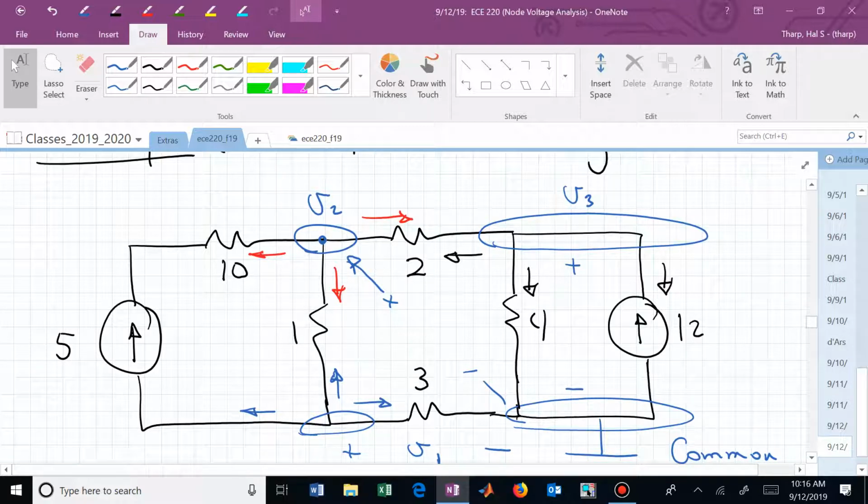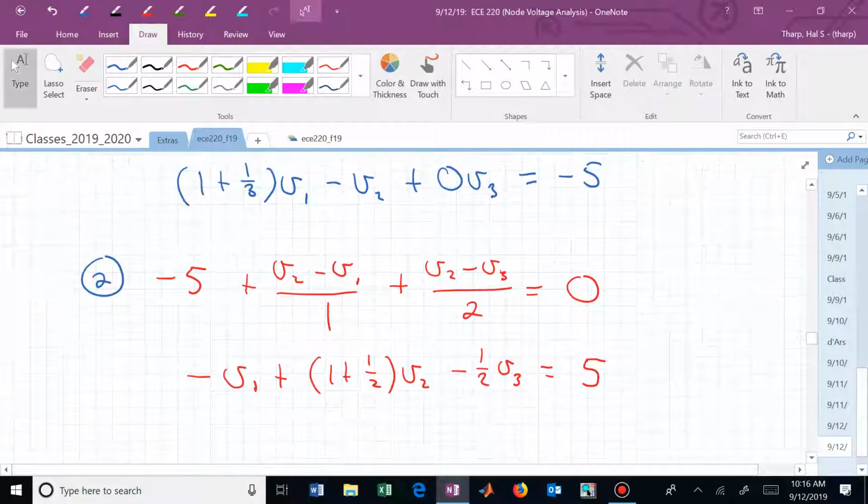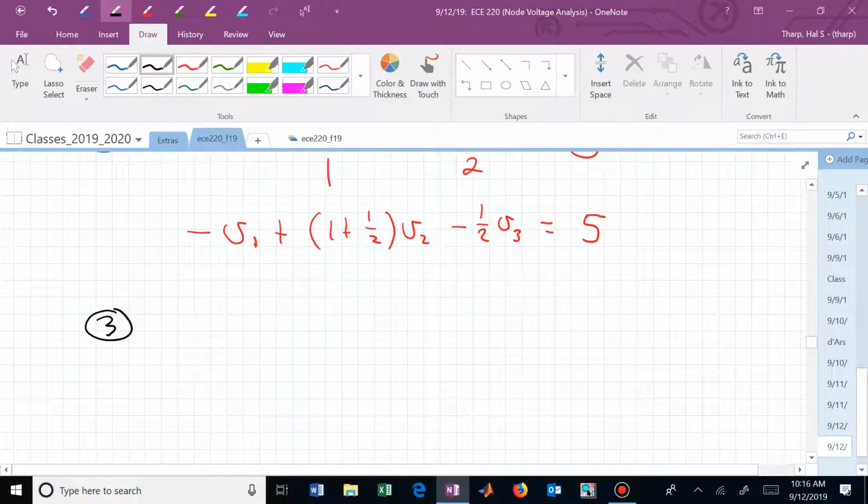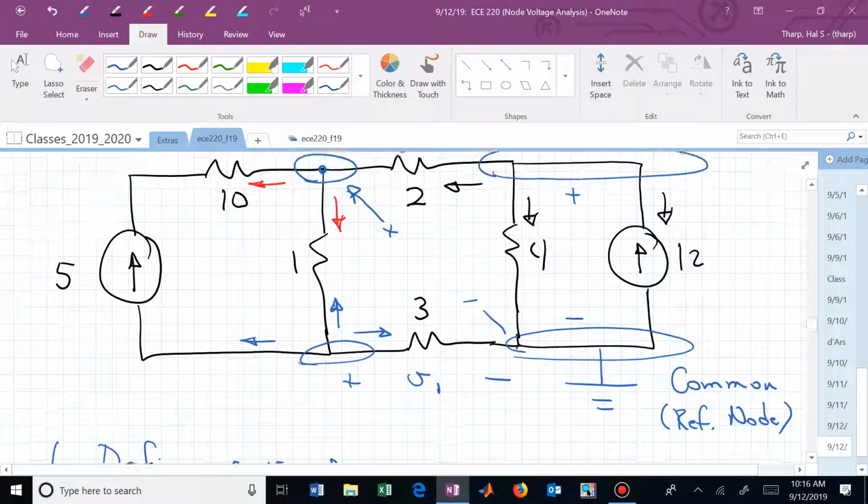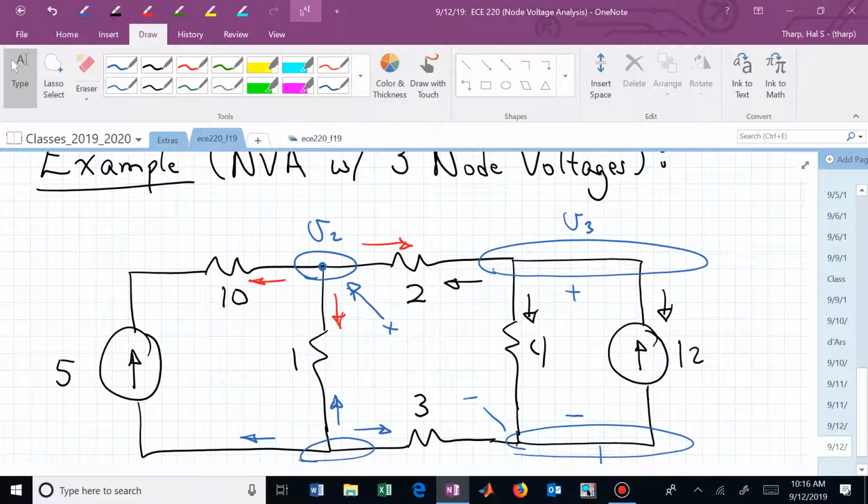The current going to the left, V3 minus V2 over 2, plus the current going down, the left current going down.